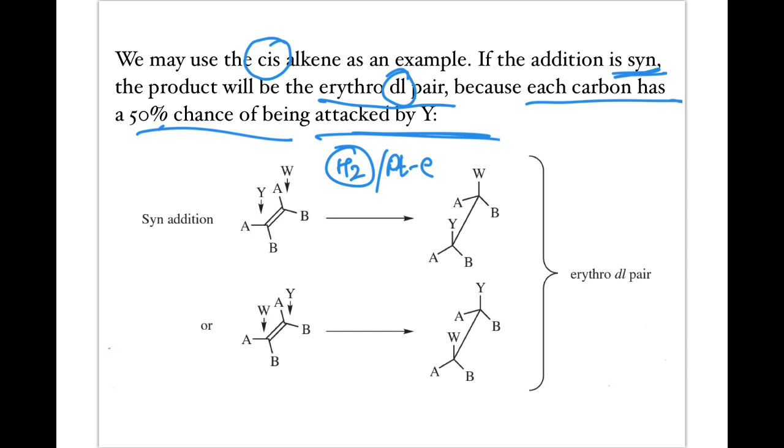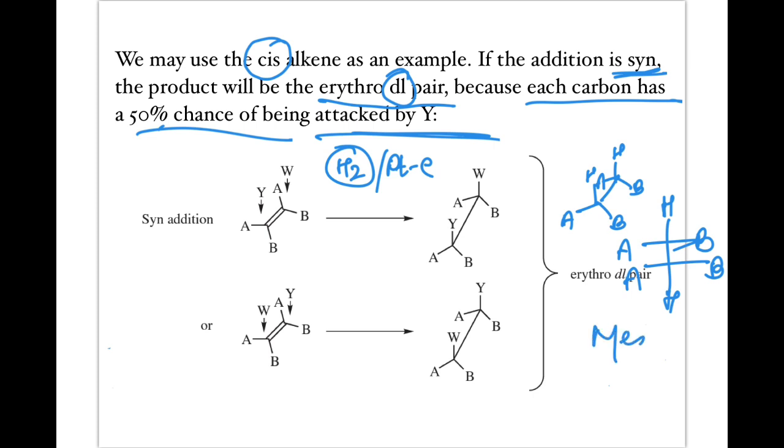So both the hydrogens are going to add on the same side. Then what would you get? You would get a molecule like this, where both the hydrogens are here in this way, A, B, A, B. So if you write this in the Fischer projection, you get hydrogen, hydrogen, A, B, A, B, like this. So this is no more erythro. The molecule has become meso. This is no more an erythro DL pair.